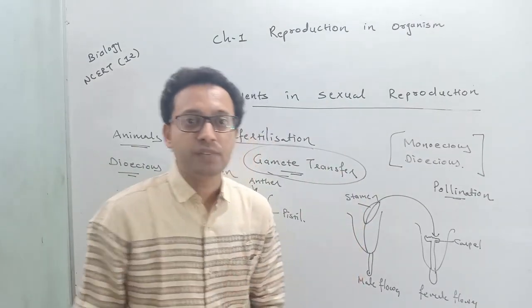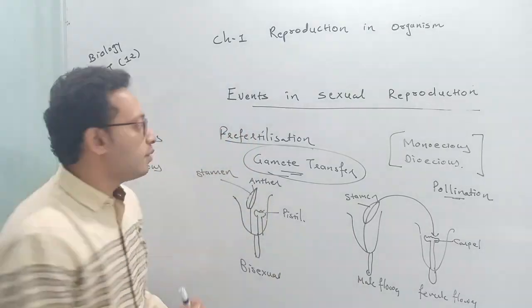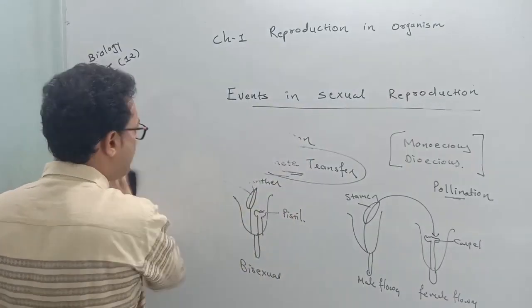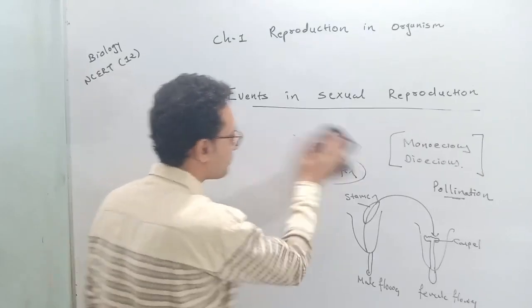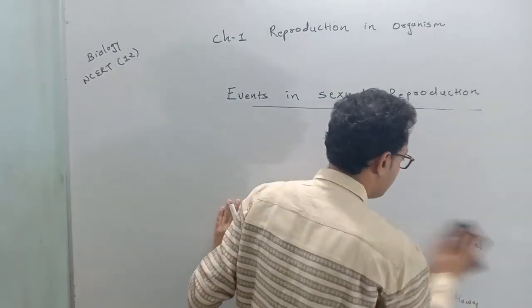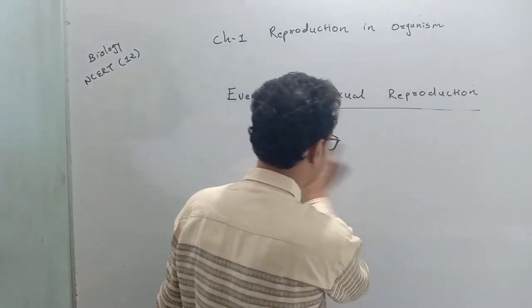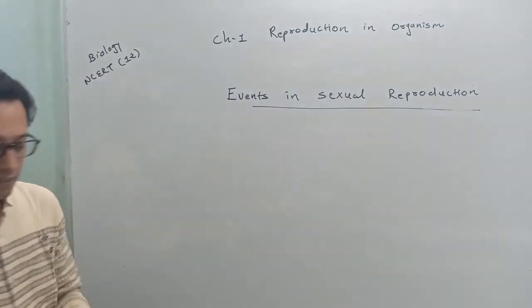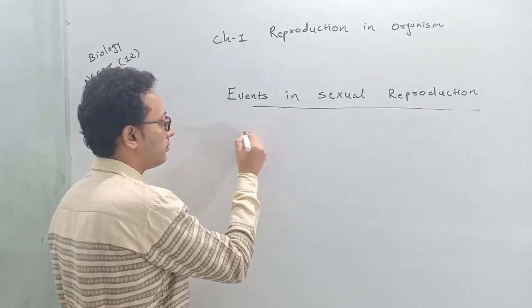Now the main events of sexual reproduction start. The main event of sexual reproduction is fertilization.